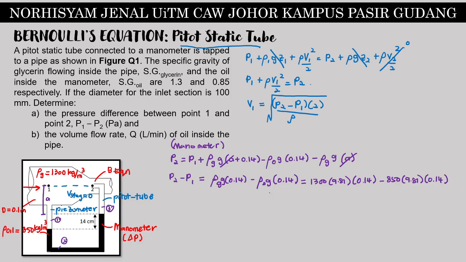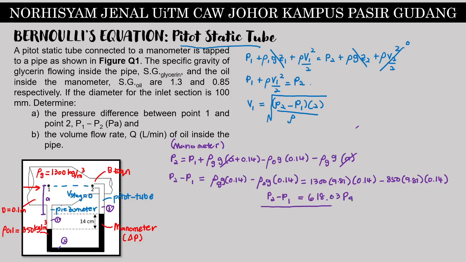So the answer for P2 minus P1 is equal to 618.03 Pascal.